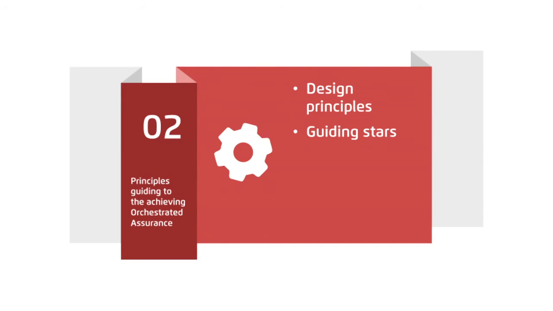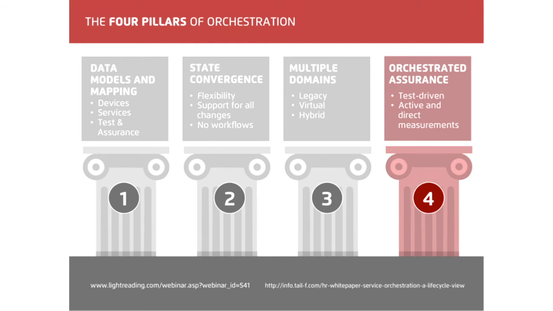Okay, so what I will go through now is a set of foundations, a set of principles that we've been using both when designing the solution and sketching how this should be done. There was a previous Light Reading webinar a couple of weeks ago where I presented what I called the 4 pillars of orchestration, where one was orchestrated assurance.